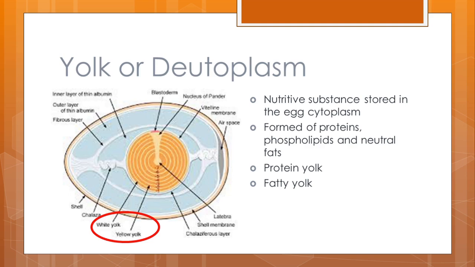The yolk or deutoplasm is formed of proteins, phospholipids and neutral fats. The yolk is classified into two types based on the amount of protein or fat present in it. If the yolk contains more protein, it is called protein yolk, and if the yolk contains more fat, it is called fatty yolk.